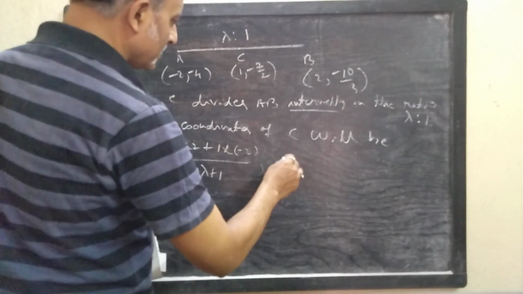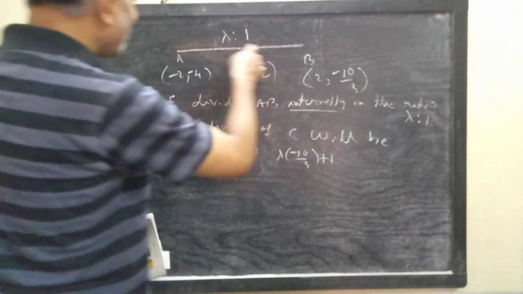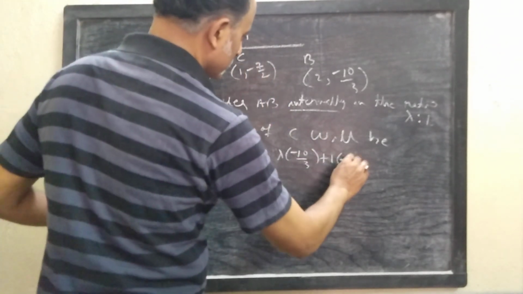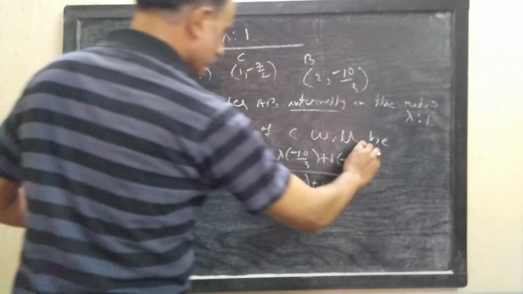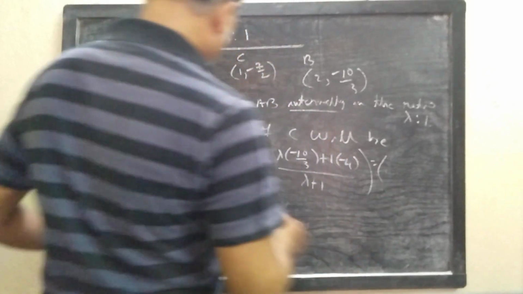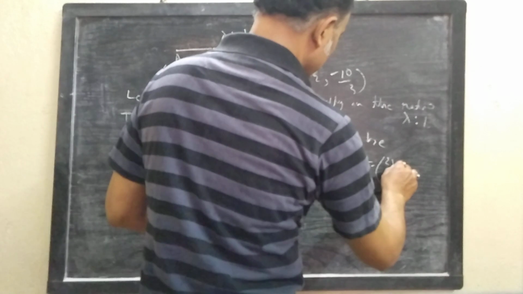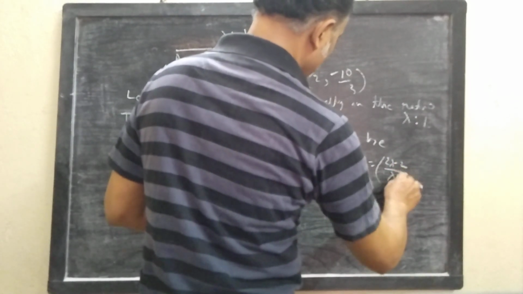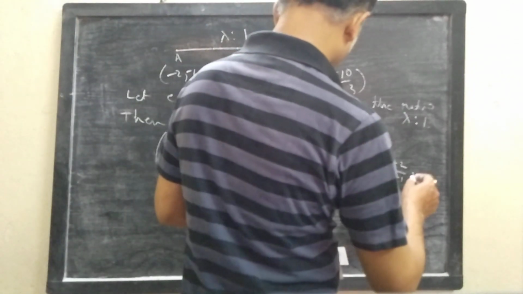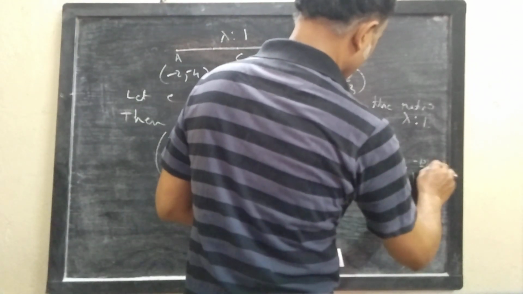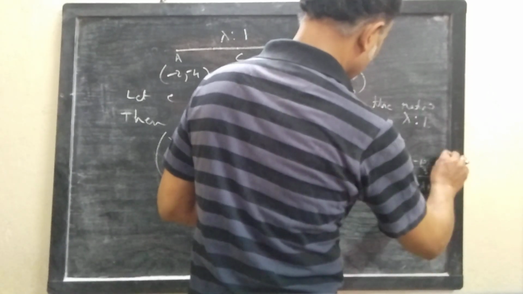Then lambda into minus 10 by 3 plus 1 into minus 4, by lambda plus 1. So simplifying this, we get 2 lambda minus 2 by lambda plus 1, and this will become minus 10 lambda by 3 minus 4 by lambda plus 1.